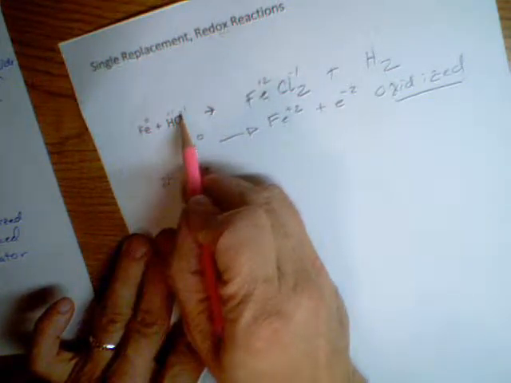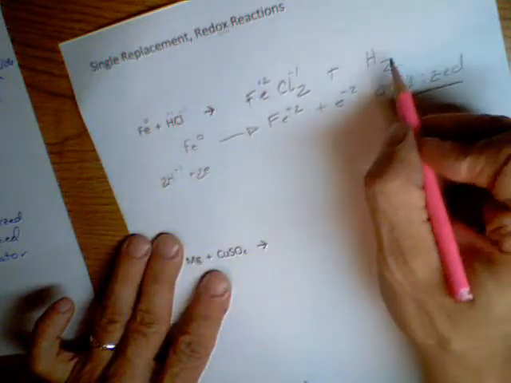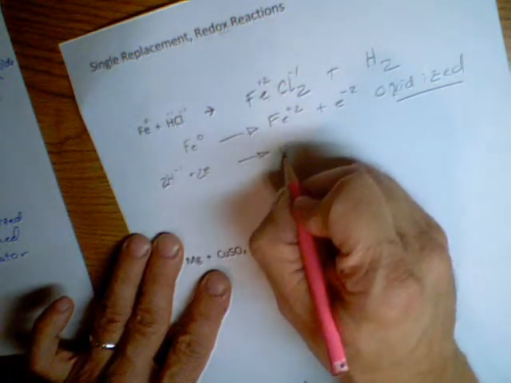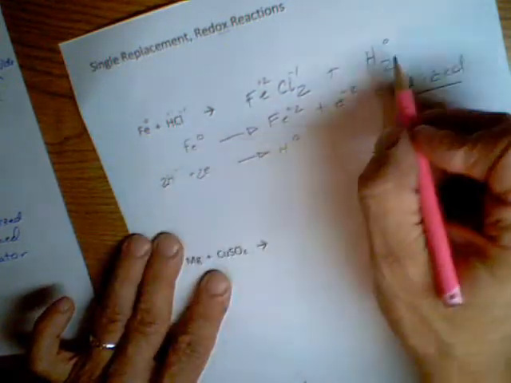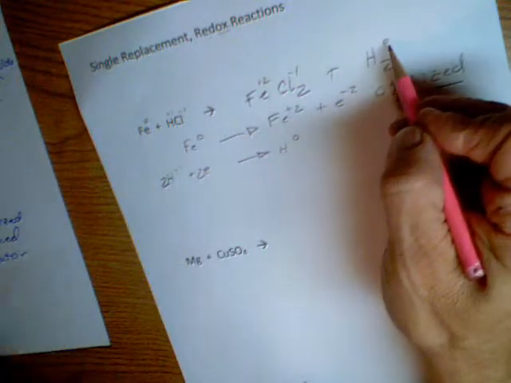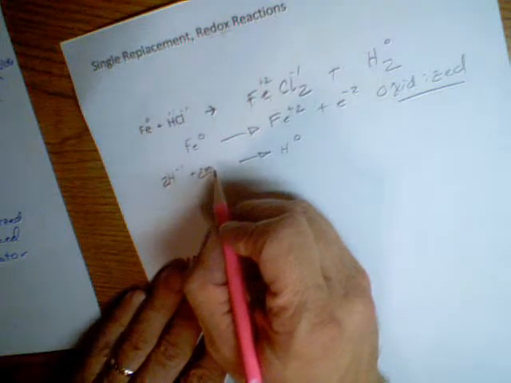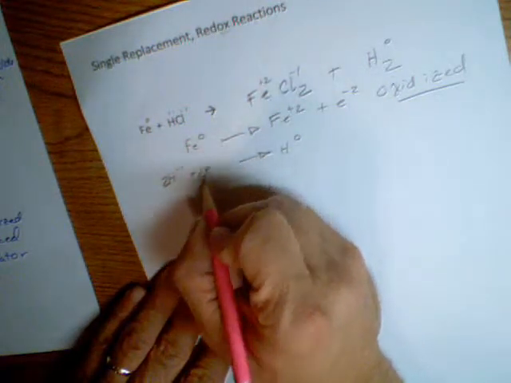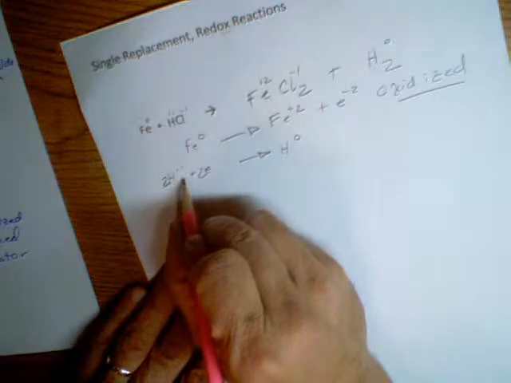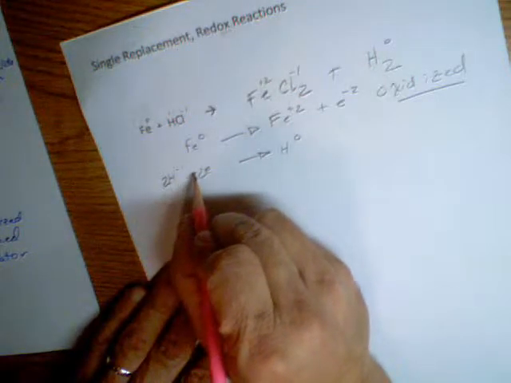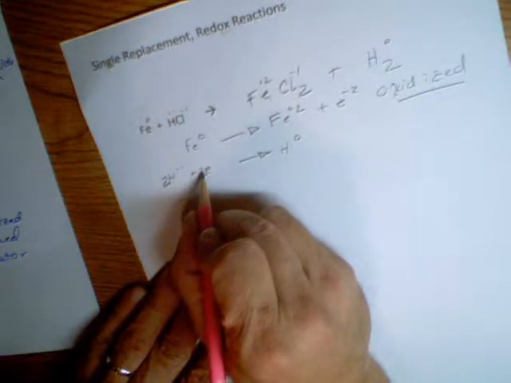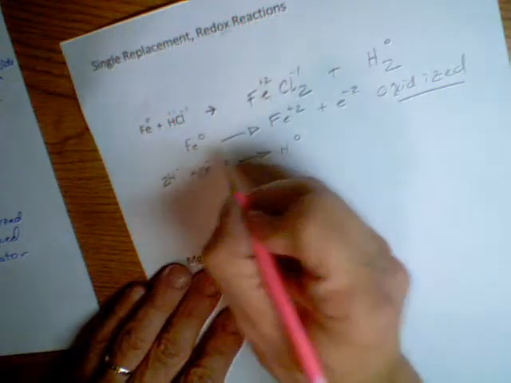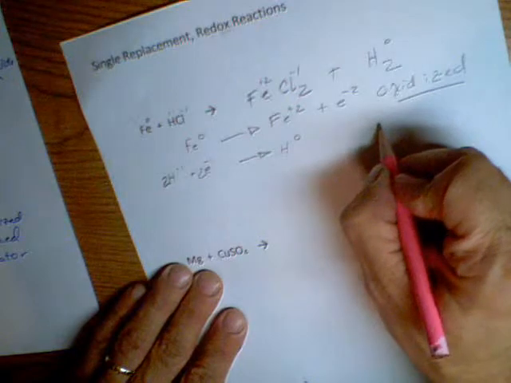See, it's +1 here, and then it becomes 0 after the reaction, because it's by itself. It has to have a 0 oxidation number if it's by itself. So it would have gained electrons. So it's reduced.